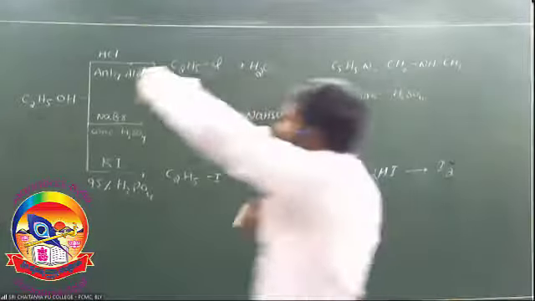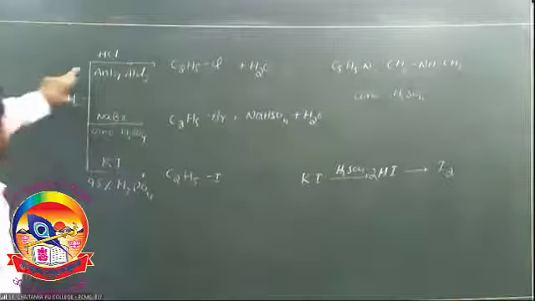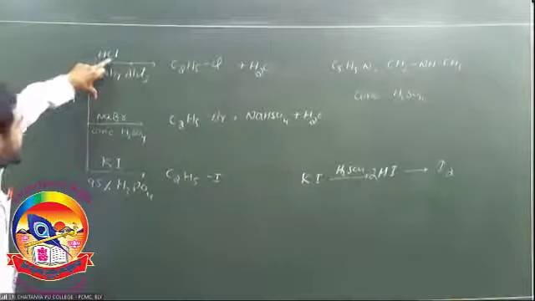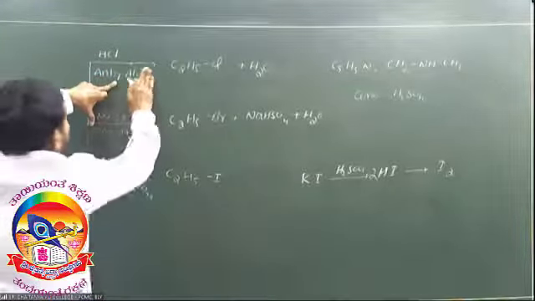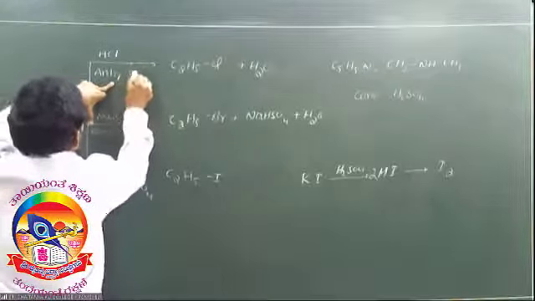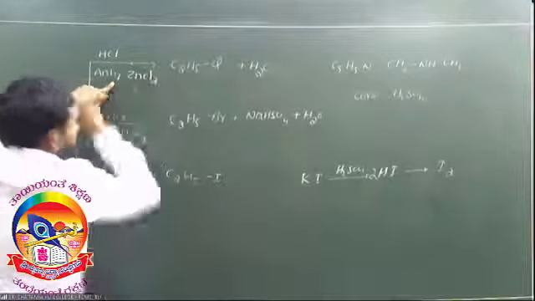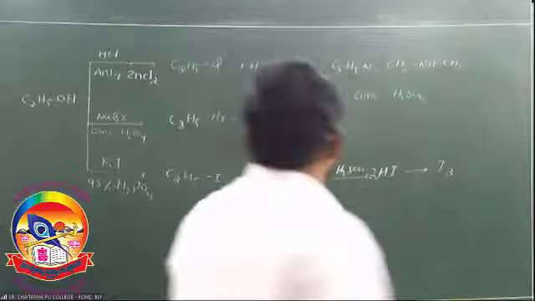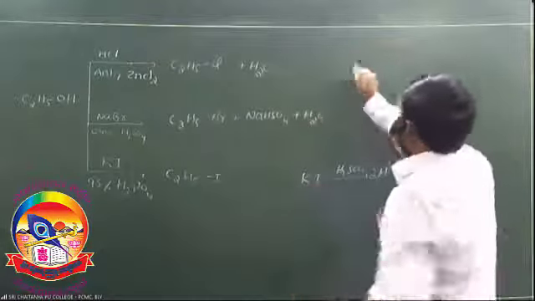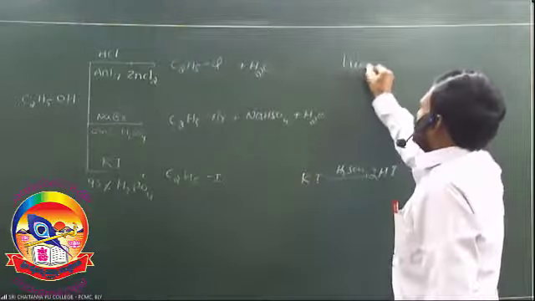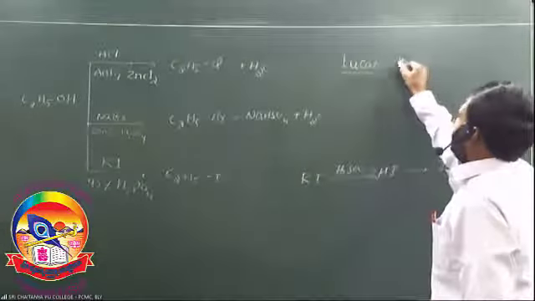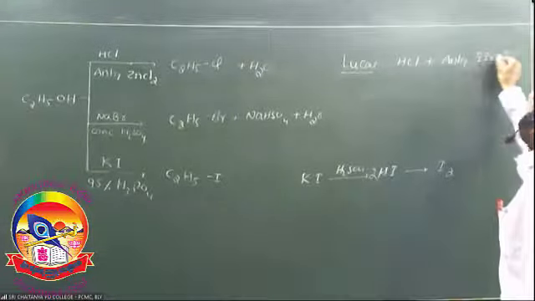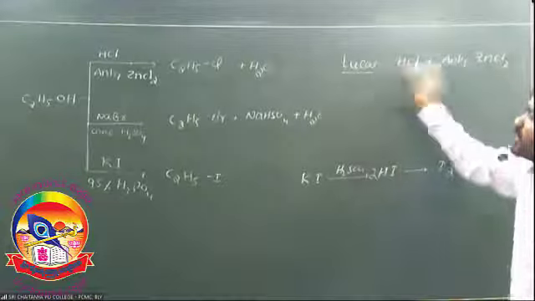Next, for the preparation of ethyl chloride from ethyl alcohol, we use a mixture of concentrated HCl and anhydrous zinc chloride, ZnCl2. This mixture is called Lucas reagent.